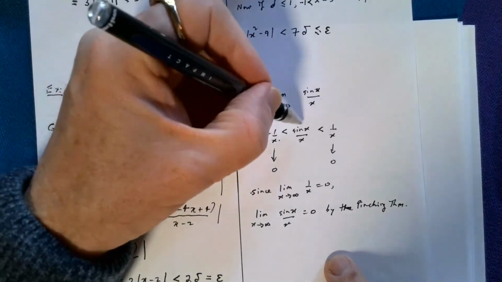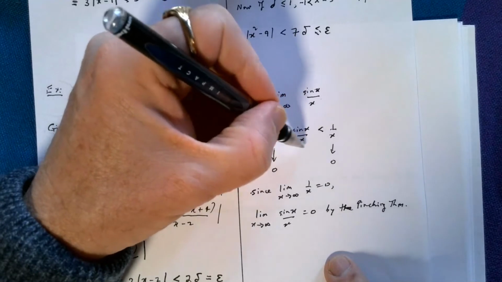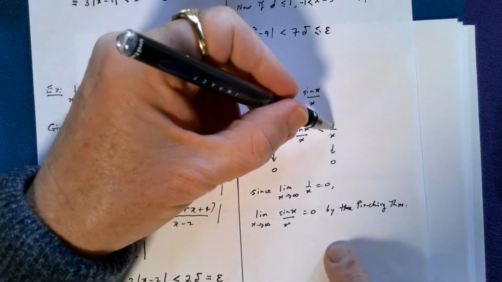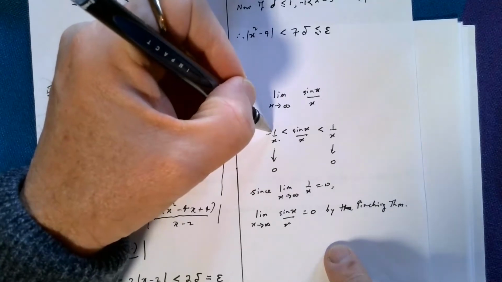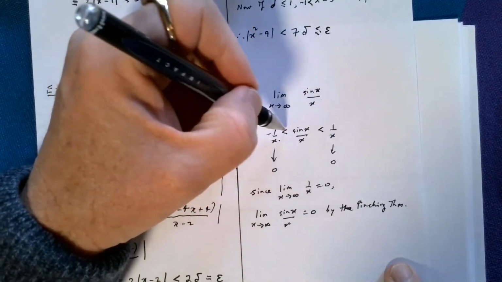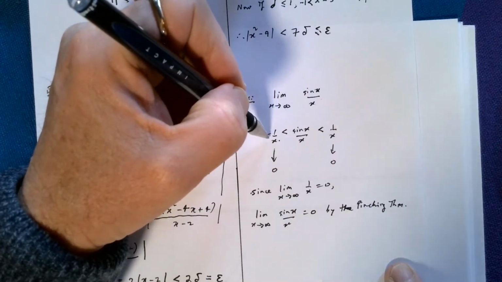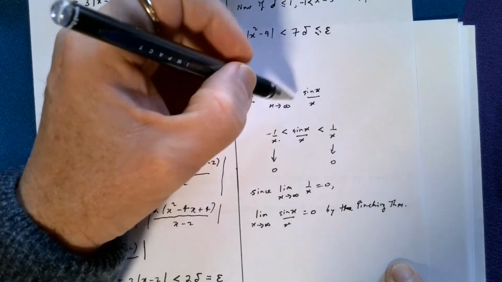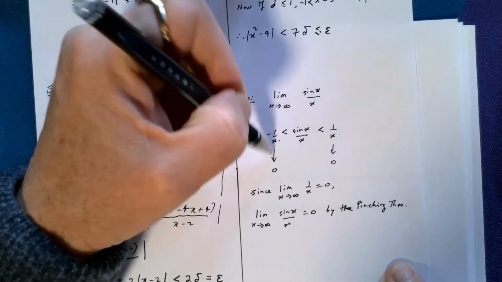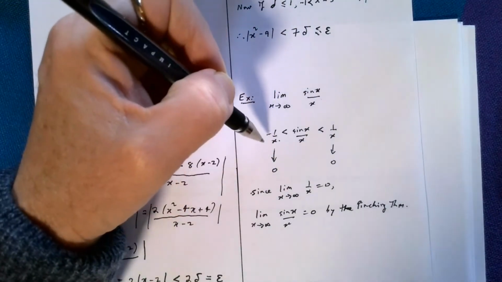So what do we do? We want to pinch this function sine x on x, and we simply use the fact that sine is less than 1 and bigger than -1. So sine x on x is less than 1 on x, and it's bigger than -1 on x. Now we've seen before, of course, that 1 on x goes to 0 as x goes to infinity, and -1 on x goes to 0 as x goes to infinity.